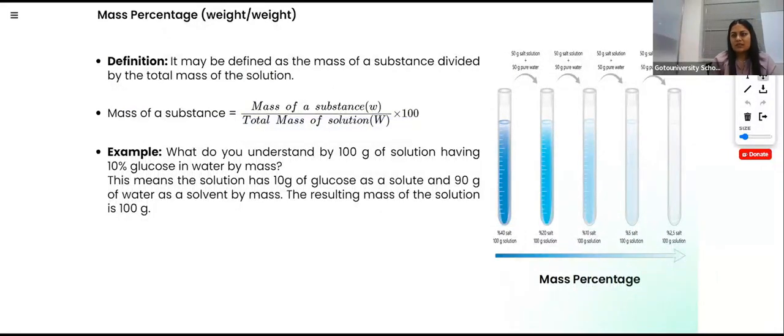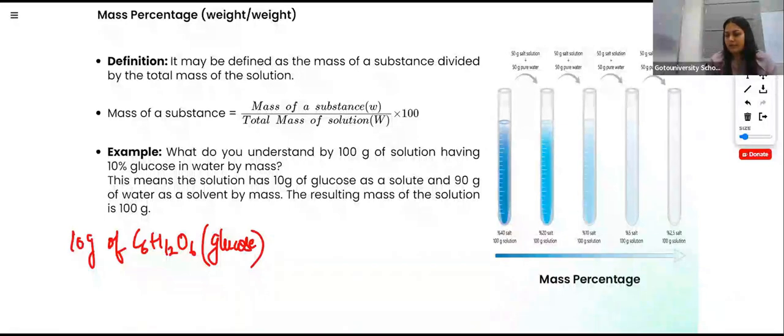For example, say I have 10 gram of glucose, C6H12O6, this is the formula of glucose, in 100 gram of solution, right?